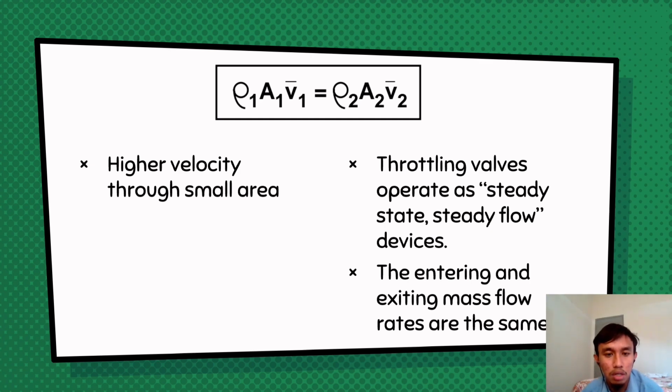When the valve is open, the area will become smaller and the velocity will become higher. A throttling valve operates as a steady state or steady flow device. The entering and the exiting mass flow rates are the same.